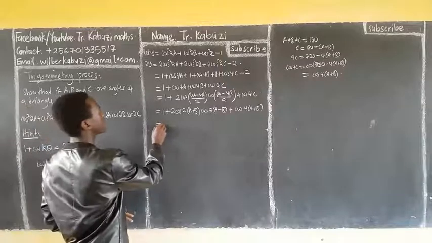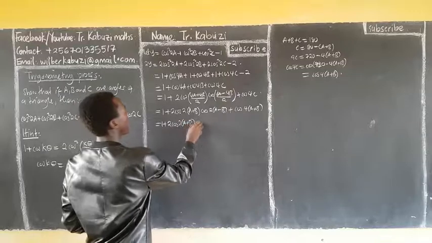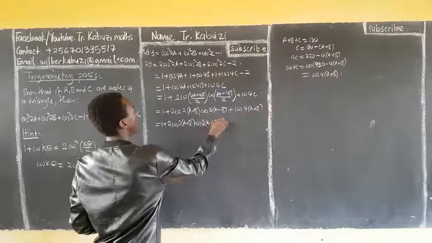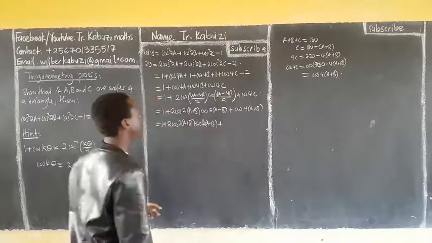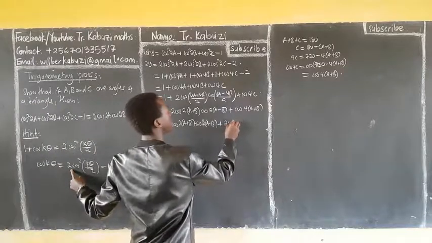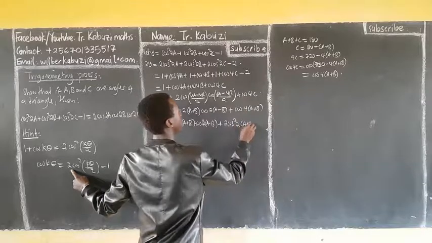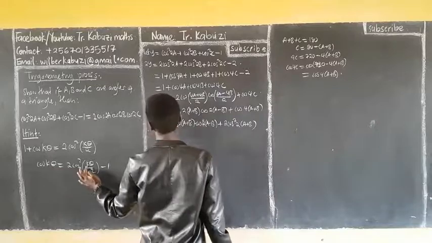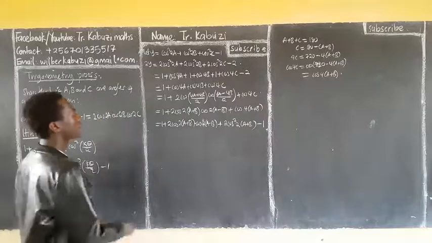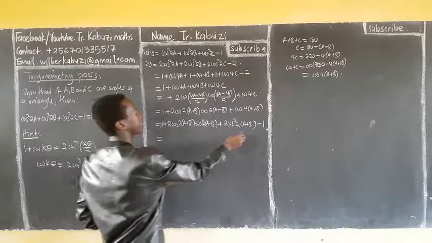So this will be cos of 2(A minus B), now plus, allow me to introduce 2 cos squared of this angle divided by 2, that is 2(A plus B), when I divide this angle by 2 here, then minus 1. So from there, this minus 1 and this minus 1 are going to vanish.